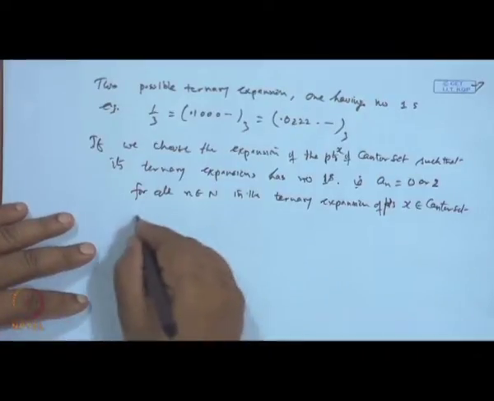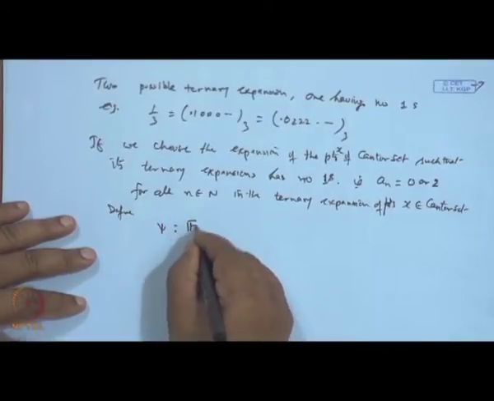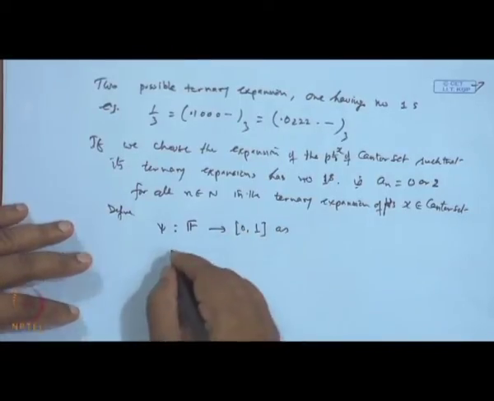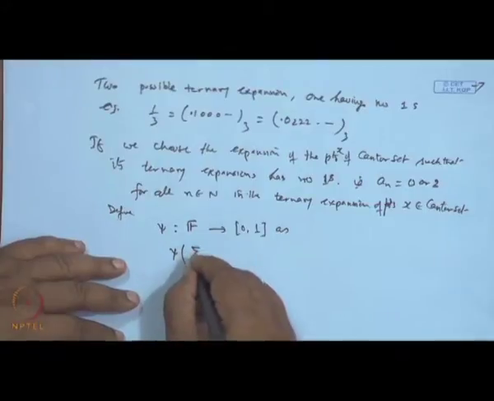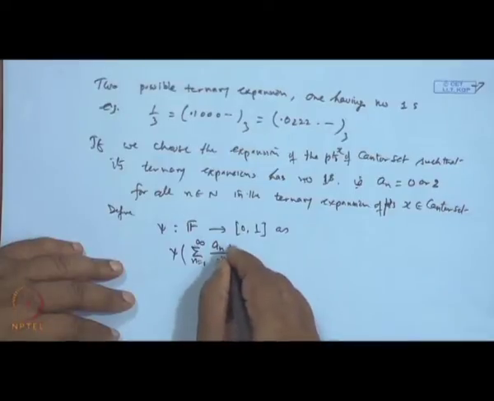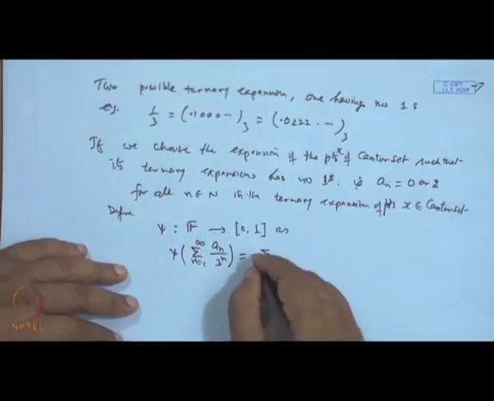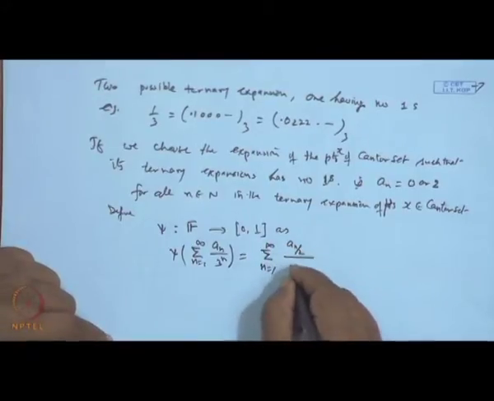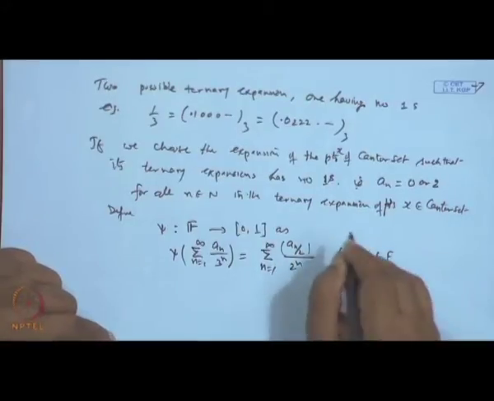Now, define a mapping psi from the Cantor set F to the closed interval 0 1 as follows. If I take a point x whose ternary expansion is sigma n is 1 to infinity a_n over 3^n, we take its image under psi as the point whose binary representation is a_n by 2 divided by 2^n.